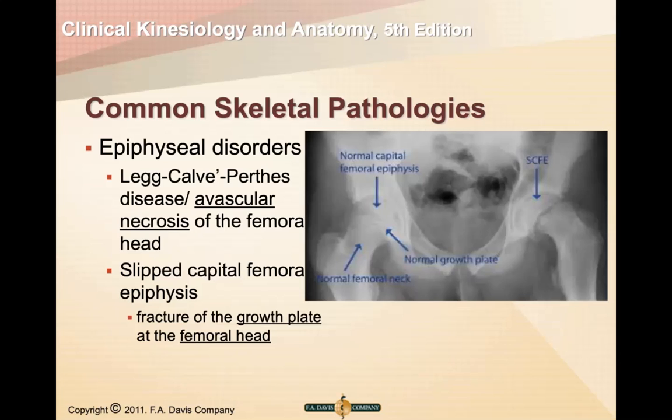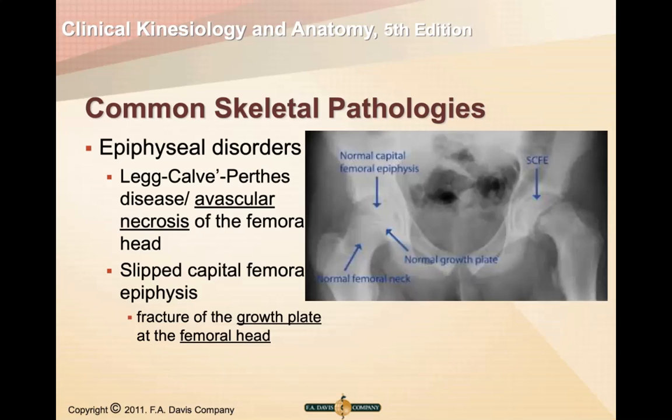But usually you're in a long leg cast, with both legs casted, and you're casted with a bar between your legs into abduction of both of your hips, and basically you're stuck like that until it heals.